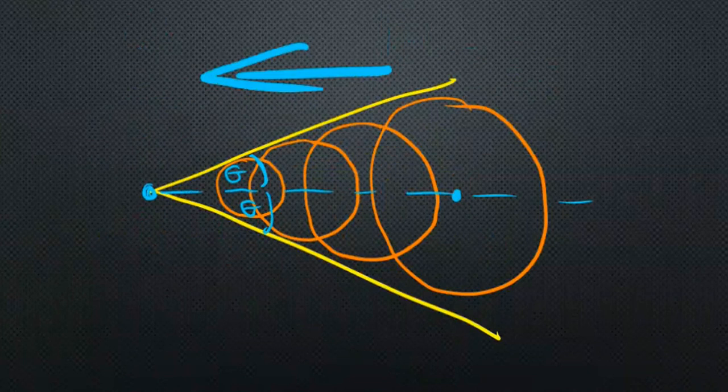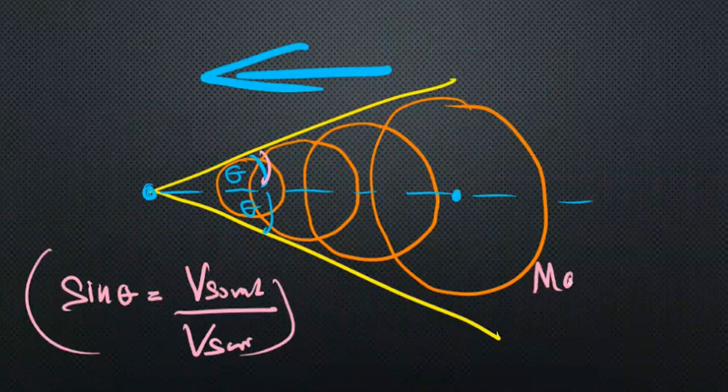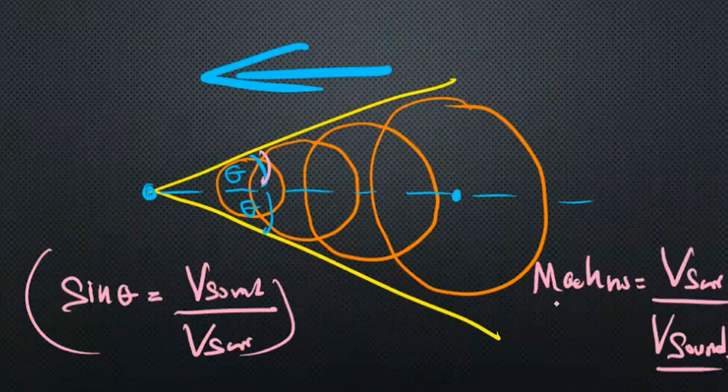The sine theta value, we call this the half angle, is equal to the velocity of sound divided by the velocity of the source. And then Mach number is equal to the velocity of source divided by the velocity of sound. So these are the equations we need when we are doing sonic boom questions.